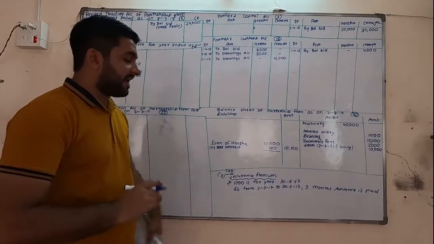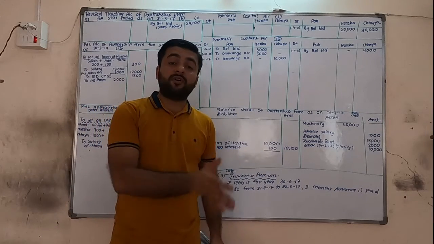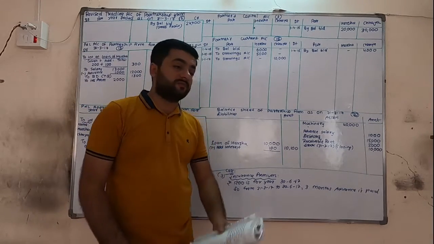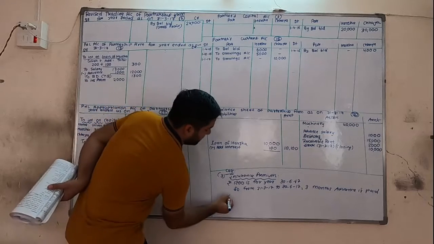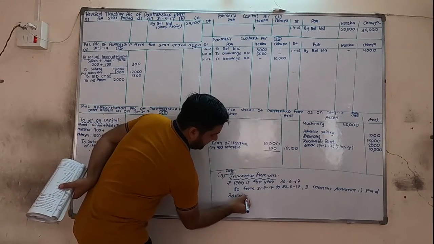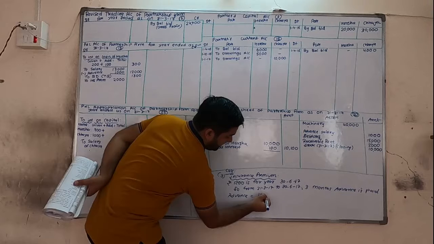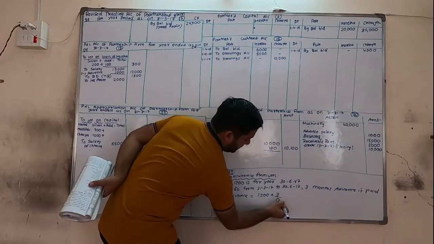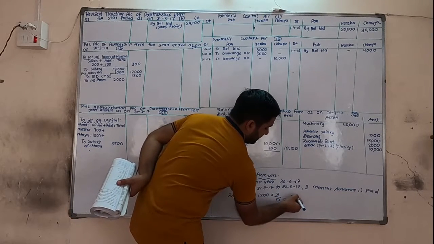Why? Because it ends on 30th June, but before that our year ends on 31st March, so 3 months extra is paid. So advance amount is 1,200 total into 3 months advance, 3/12, is 300.